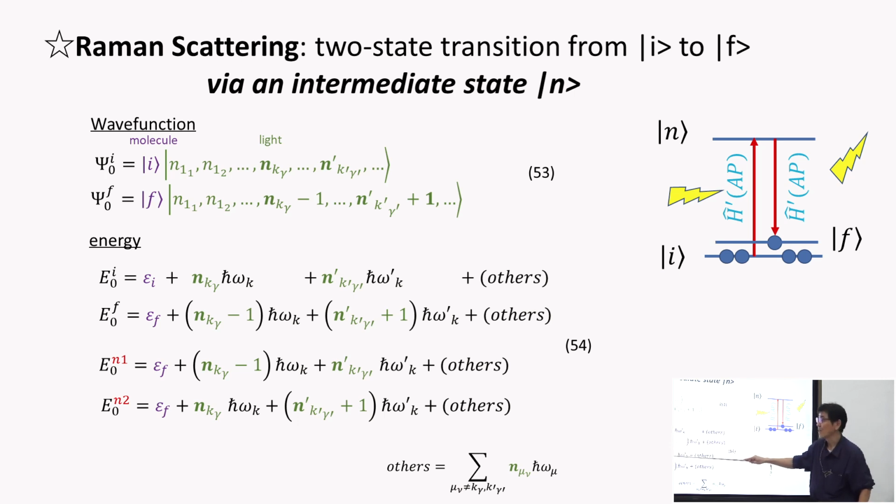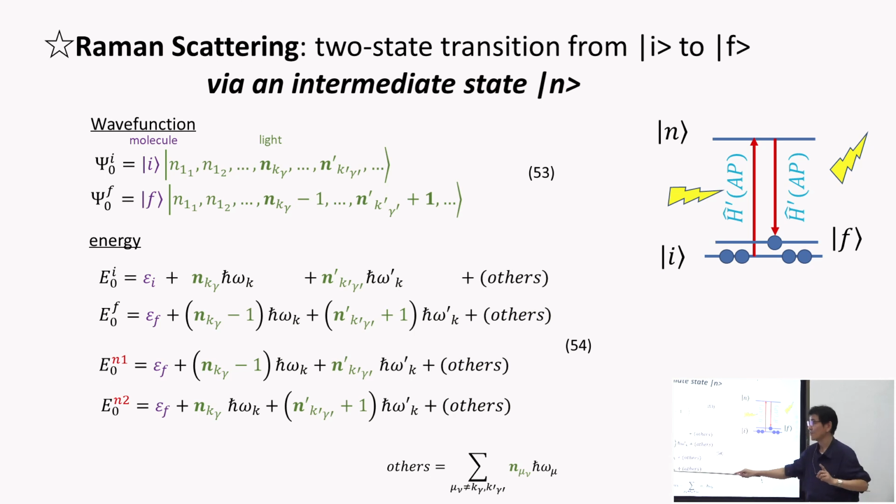So minus, plus. This is the first pathway. When we consider N2, we can think about the possibility that in the first step from initial to N2, the photon number increases 1. Then during the transition from N2 to f, the other decreases 1.